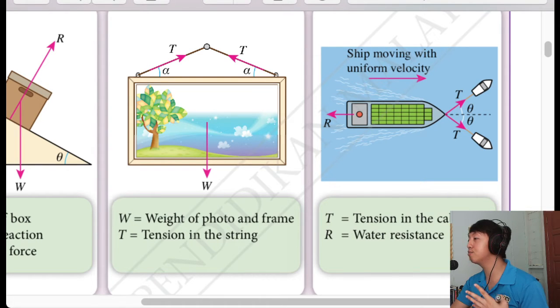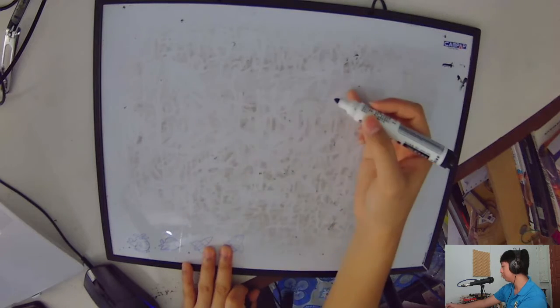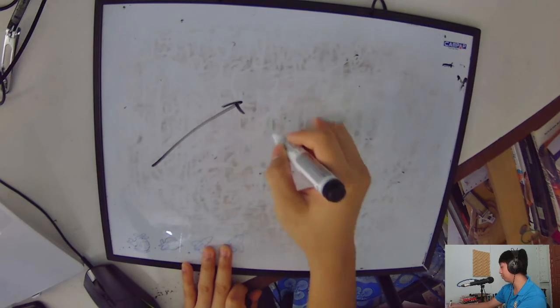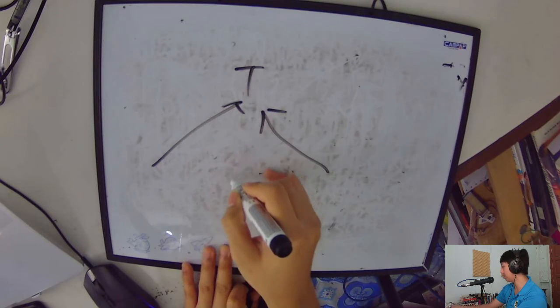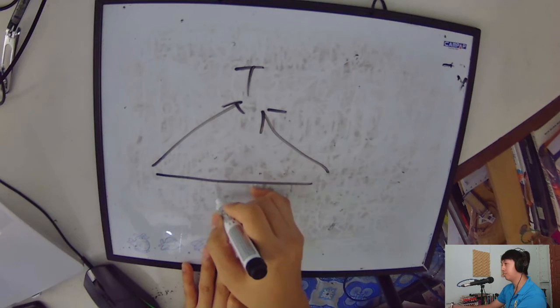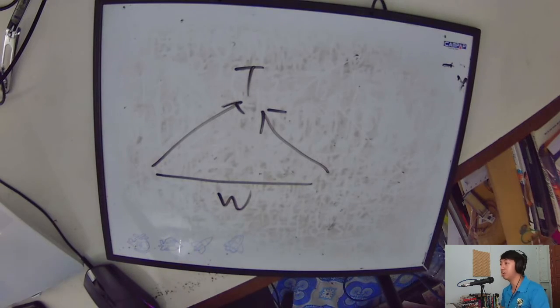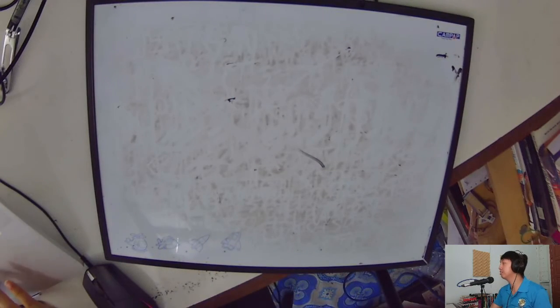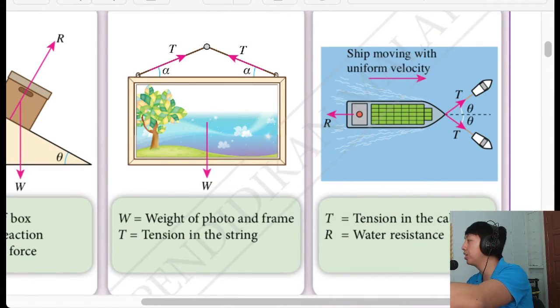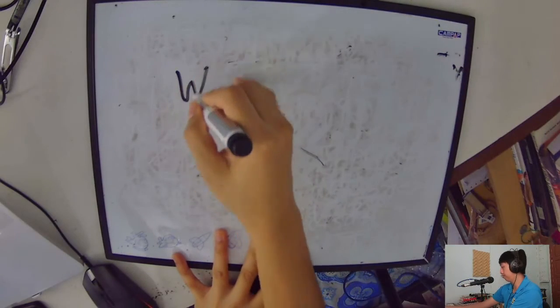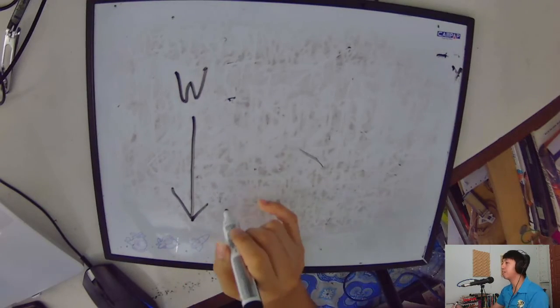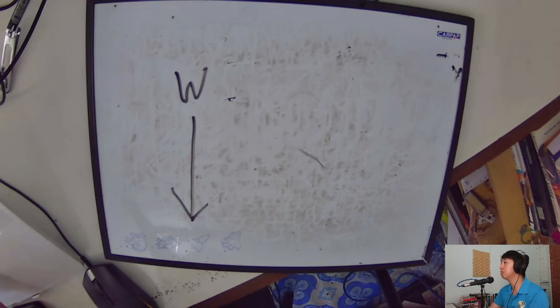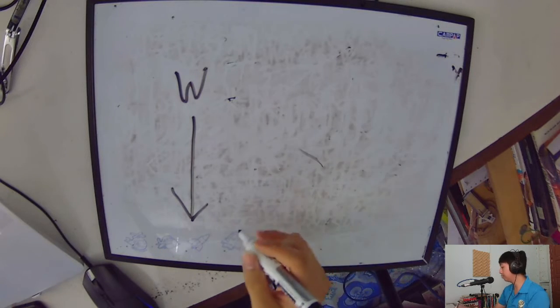At first glance, you might think you're supposed to draw it like this, with T and W. Well, that's not correct, obviously. So what you do is start with W again. W going down, so let's draw W. Now from here, we'll take one side, T.